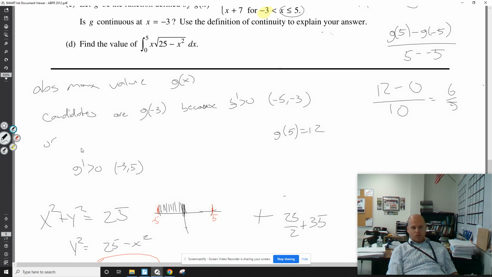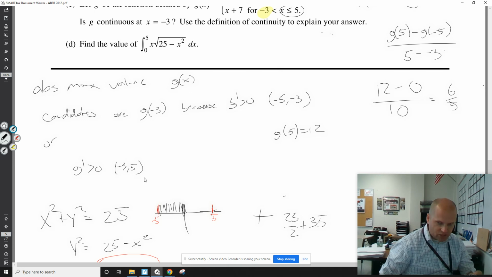It's telling me g is increasing, so the endpoint is going to be at 5. I don't know if I have to compare. On your test, you're going to have to look in the middle as well as the outsides, unless you can say why you don't look at the middle.